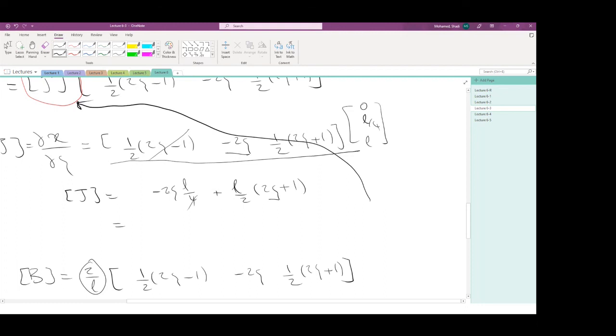And then this will go away with this. You have minus psi L over 2, and then you have plus L over 2 psi. So this is going to be L psi, and then you have plus L over 2. See, it is L psi over 2 negative and L psi positive. So this will be positive psi L over 2 added to L over 2, or you just take L over 2 as a common factor, and you have 1 plus psi in there.